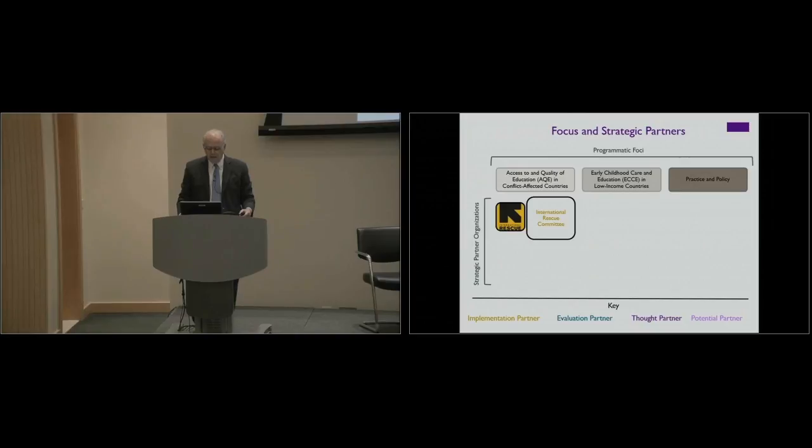And so we have several types of strategic partners. Some, like the International Rescue Committee, actually implement programs that we evaluate. Some are evaluation partners. Both IRC and Innovations for Poverty Action are in between 15 and 25 countries in the world, and they're there on an enduring basis, and they employ indigenous people in the countries we work in to do both the interventions and the work of doing research.